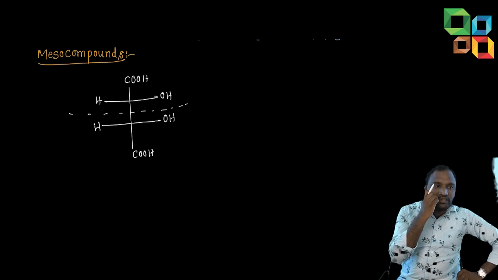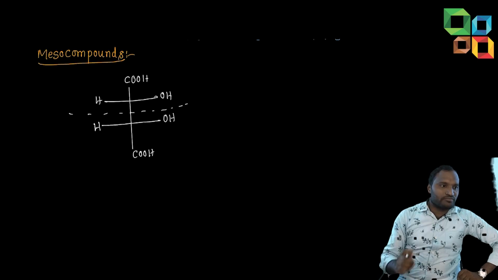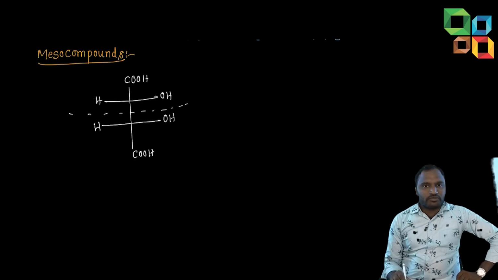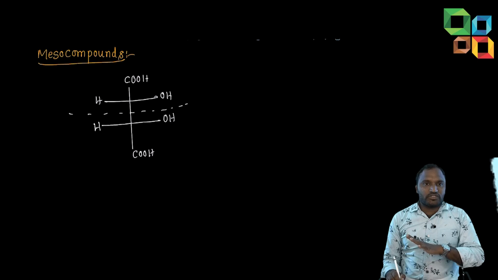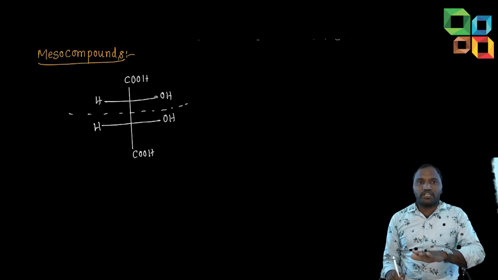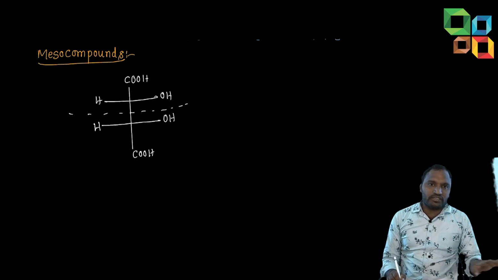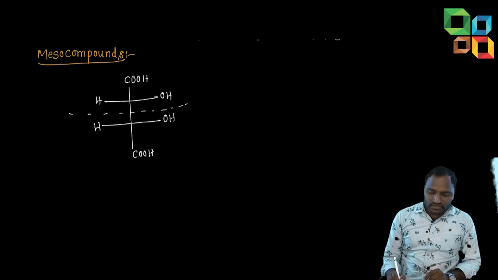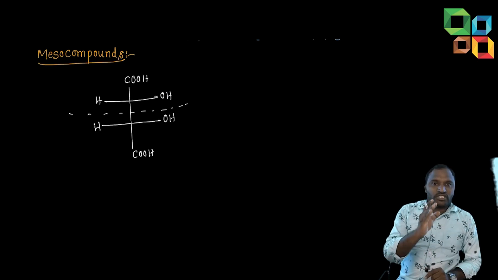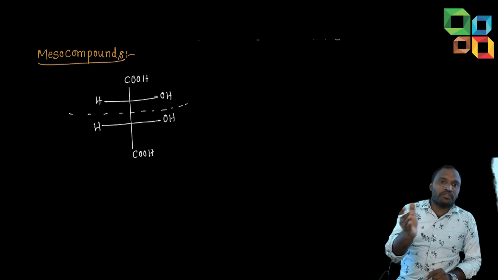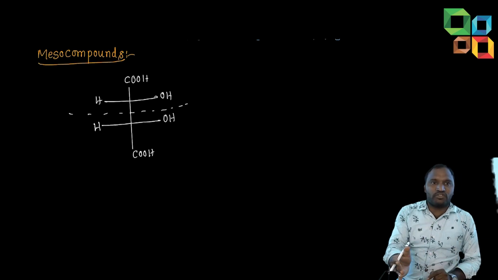I will tell why it is optically inactive also. Advait, correct. Understood, students? Meso compounds means these compounds have a plane of symmetry or an axis of symmetry. Now, enantiomers, what I said: mirror image, but non-superimposable. Diastereomers won't form mirror images.